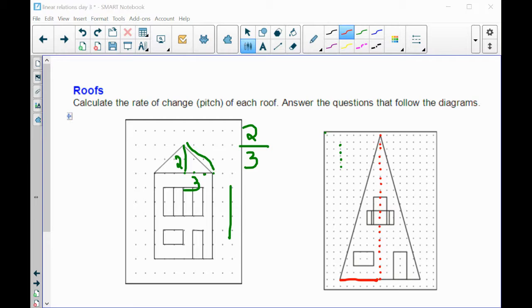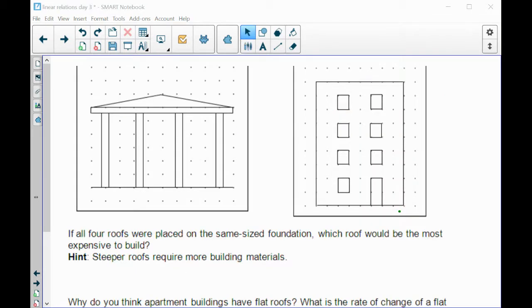So counting the dots, the rise of this pitched roof is 22 and the run is 6. So that means that our slope or our pitch or rise over run will be 22 over 6. Well, I hope you understand and recognize that that's a fraction that can be reduced. So we can divide the top and the bottom by 2. So we're going to reduce that to lowest terms so that we have a pitch on our roof of 11 to 3. So here we have 2 more houses.